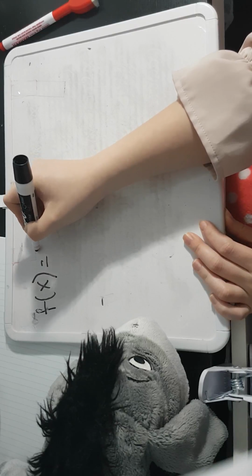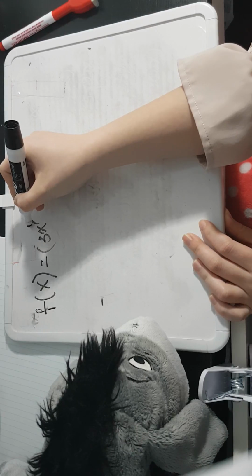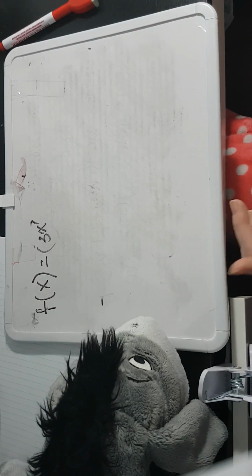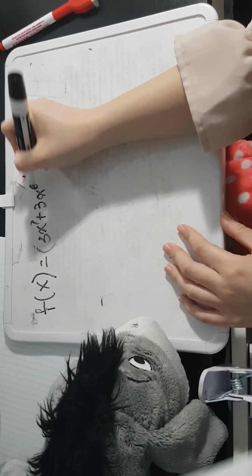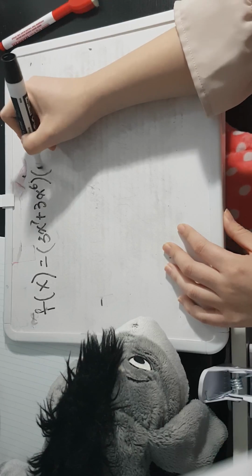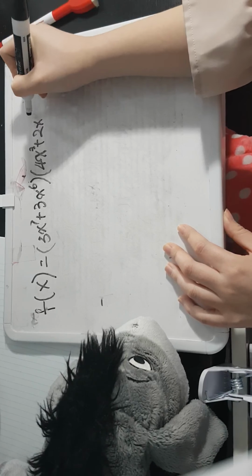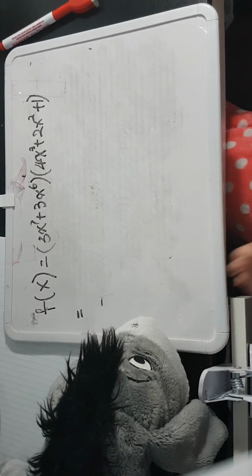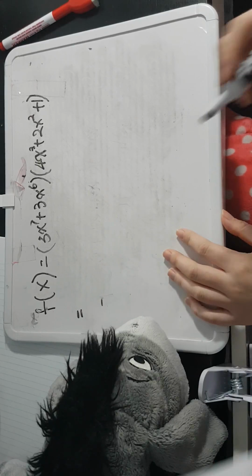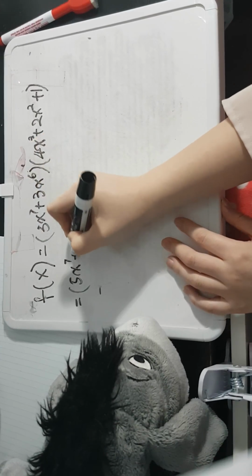So the second question will be 5x to the power of 7 plus 3x to the power of 6, multiplied by 4x to the power of 3 plus 2x to the power of 2 plus 1. Don't be scared, because even though 7 is a big number, it doesn't matter in solving the derivatives. We use the product rule equation to solve this, and we just write down the first function here.